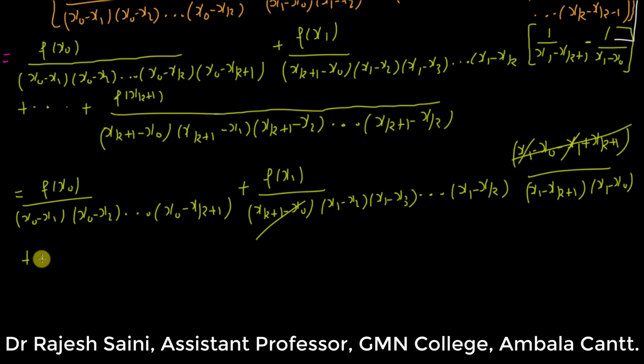So plus this term as such, f of xk plus 1 divided by xk plus 1 minus x naught, xk plus 1 minus x1, and you can generalize it if you want. You can leave it; your first two terms have been written.